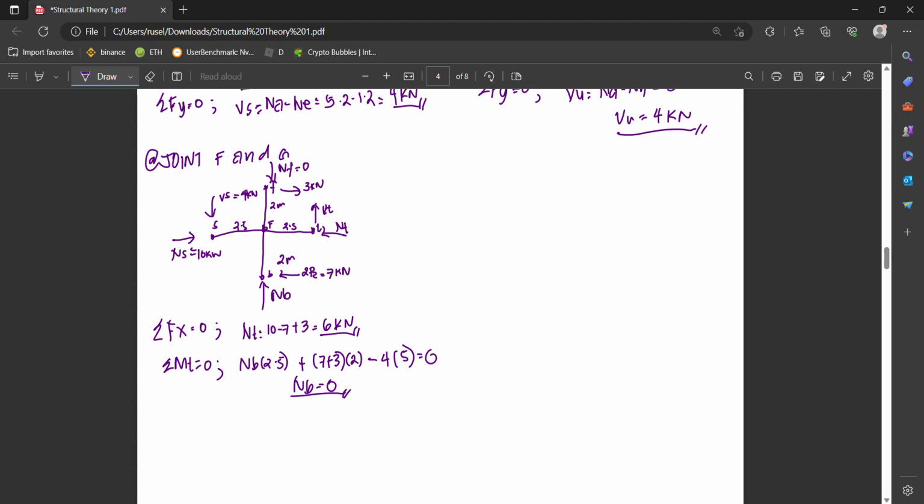Dito naman tayo sa joint G. At joint G. Okay. This is your G. This is your small g. And this is your U and T. This is your U. This is your small t.